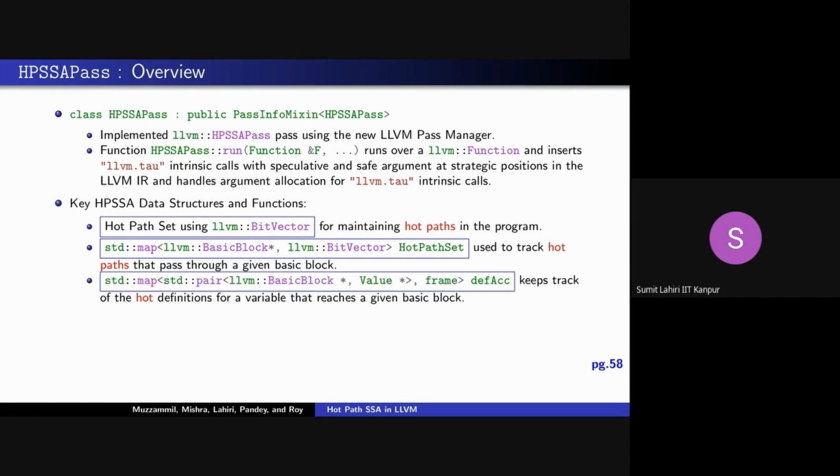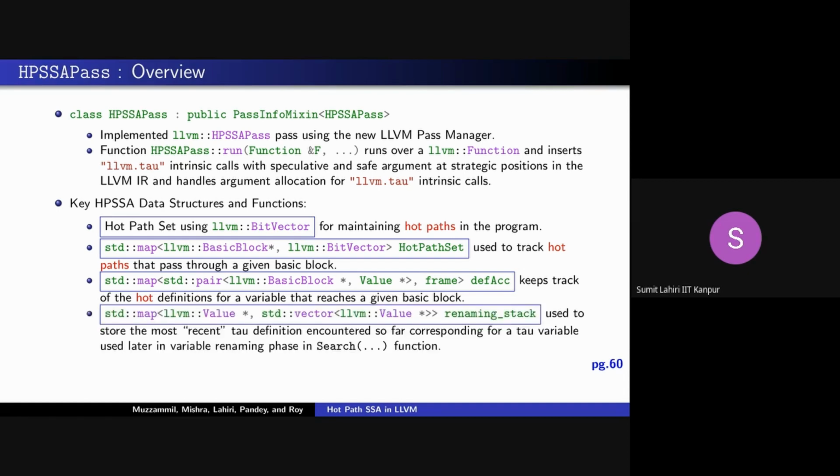We use this to keep the hot definitions of the variable that reach a particular basic block across a particular hot path. And we used a renaming stack to store the most recent tau definition that has been encountered, to be replaced later.